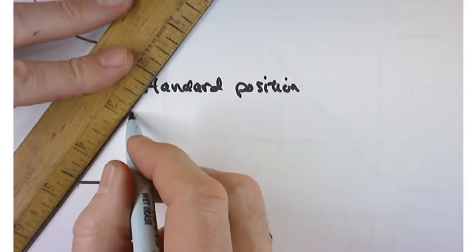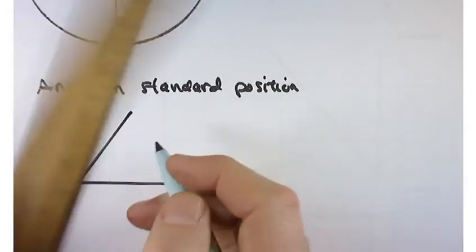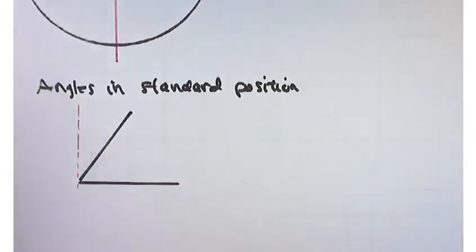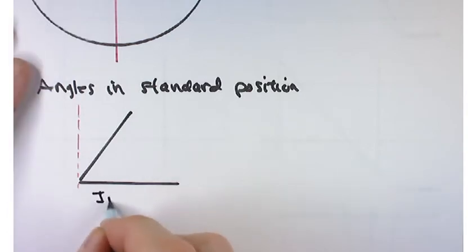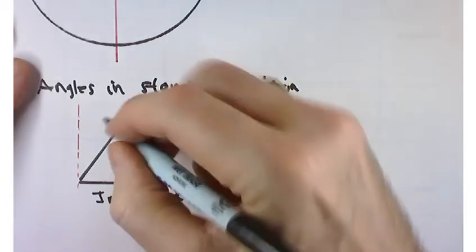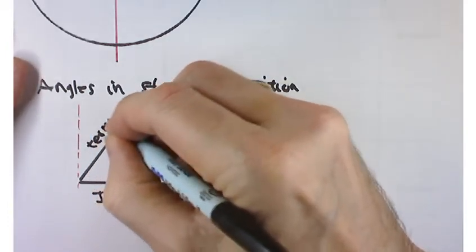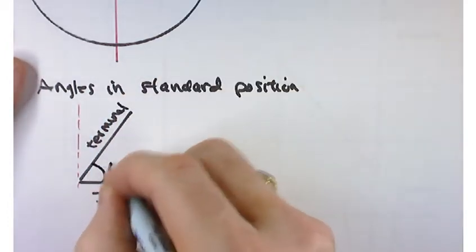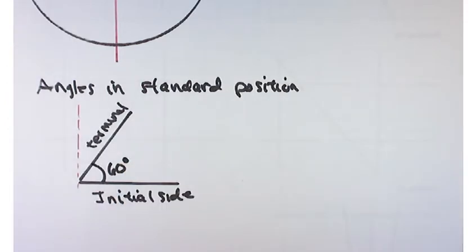So there you go. You've got your initial side and your terminal side, and that's your 60 degree angle. So that's problem number 12.